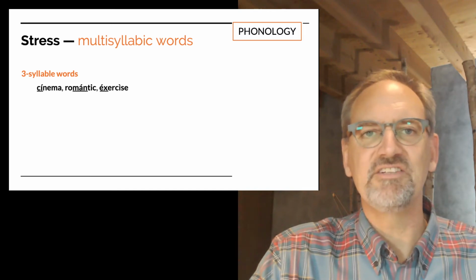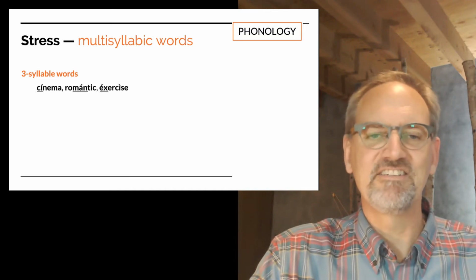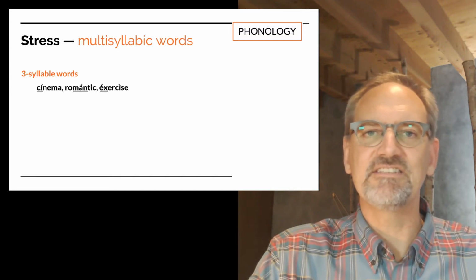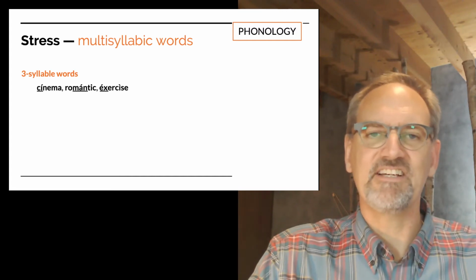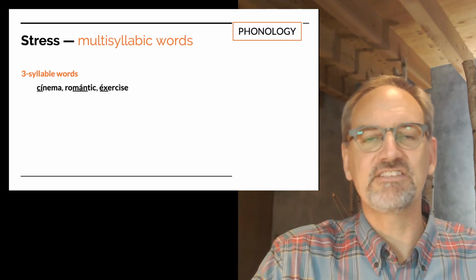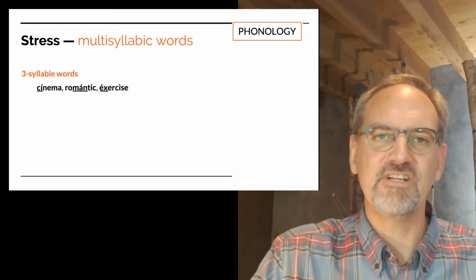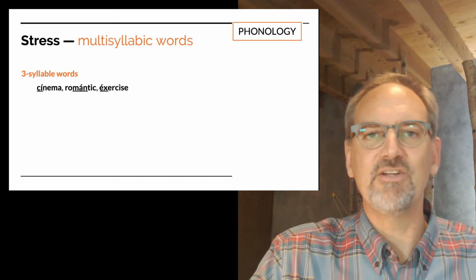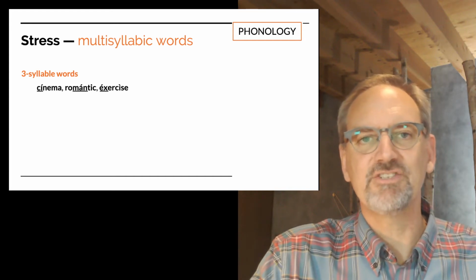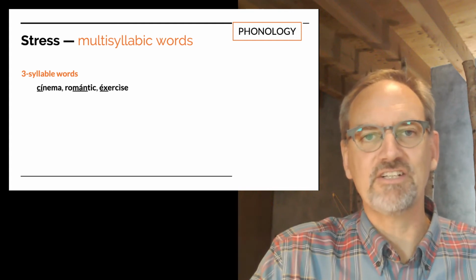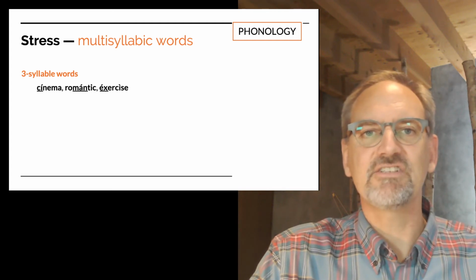In romantic, the second syllable is stressed. And in exercise, both the first and the third syllables are stressed, and only the middle syllable is unstressed. So it's the middle syllable that has vowel reduction.